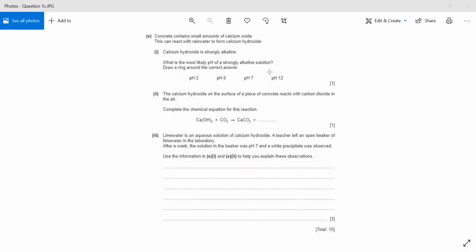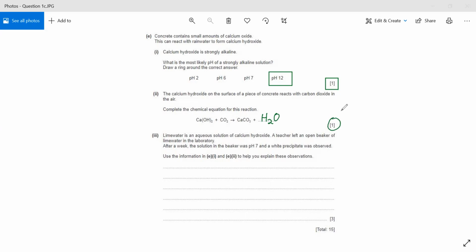We already know it is strongly alkaline, so it is going to be pH 12. Then we have to complete the chemical equation for the reaction where calcium hydroxide reacts with carbon dioxide to form calcium carbonate. The other product is going to be water, H2O.